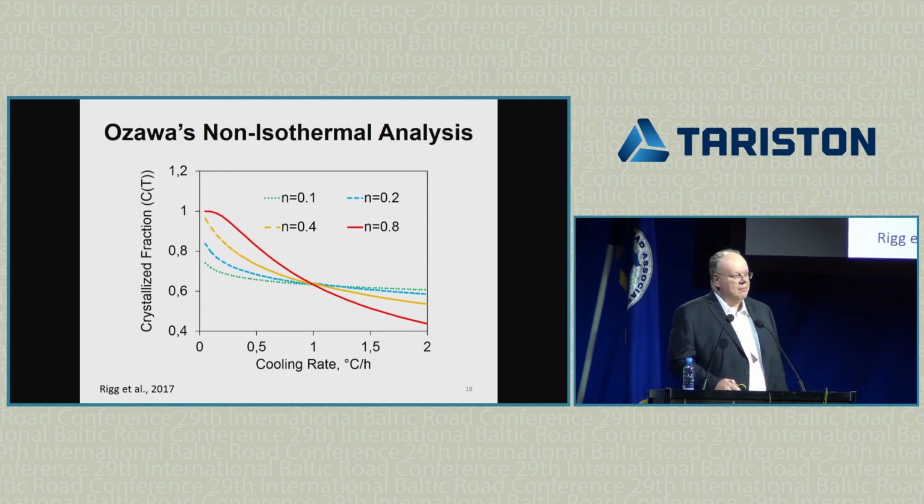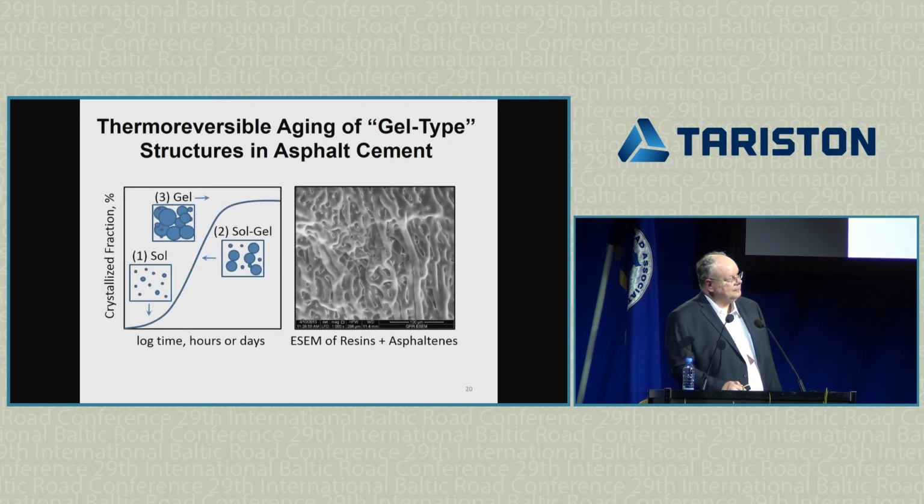So that's what we've been measuring, crystalline fraction and N, and we have seen that if you have a higher crystalline fraction, it physically hardens faster. It's air-blown, it physically hardens faster. So basically it's a sigmoidal rate equation, slow at first, then it speeds up, and then it depletes, there's no more material to crystallize, and we get the structure that forms.